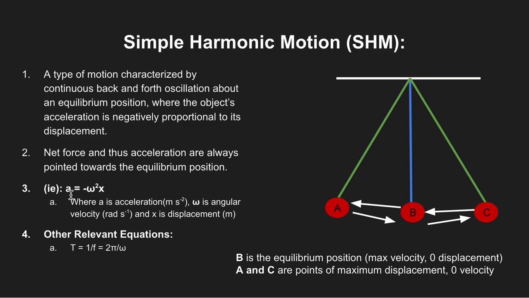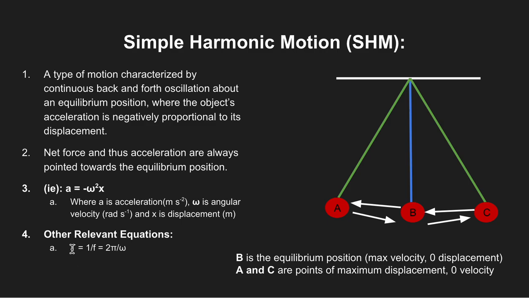And we have an equation, a equals negative omega squared times x, where a is the acceleration, omega is the angular velocity, and x is the displacement. So as you can see here, acceleration is negatively proportional to the displacement. If you graph acceleration and displacement, then the gradient of the graph is going to be equal to angular velocity squared.